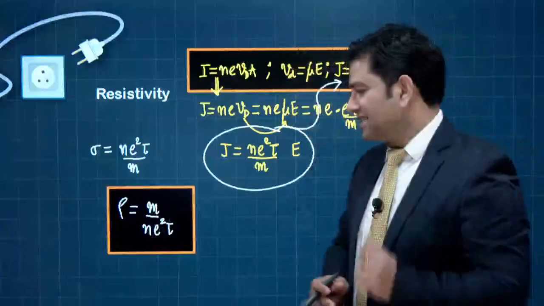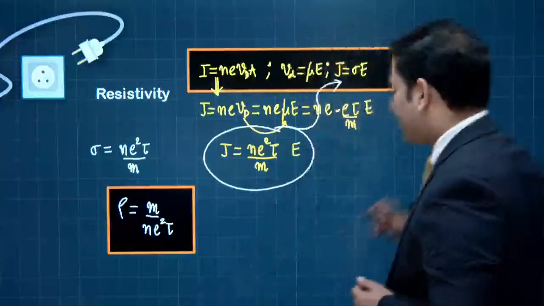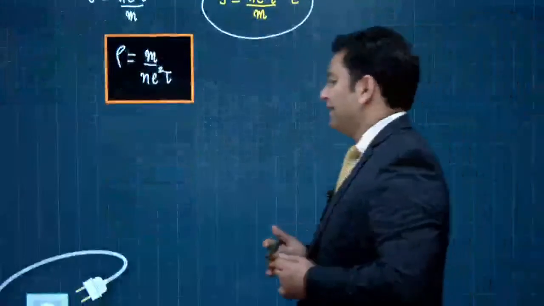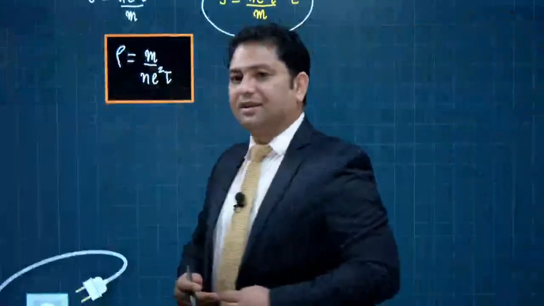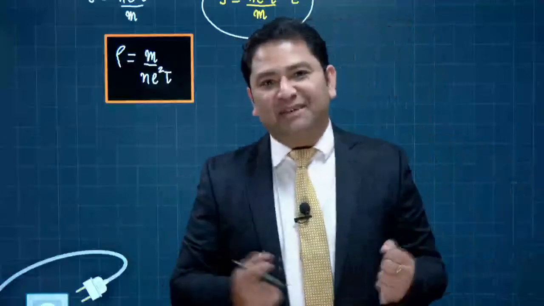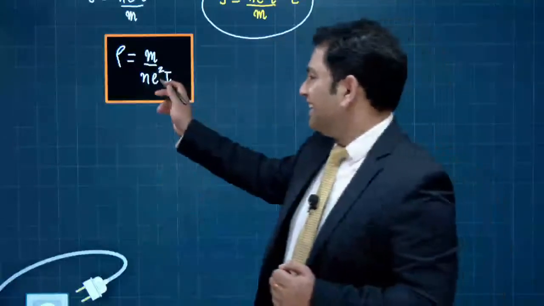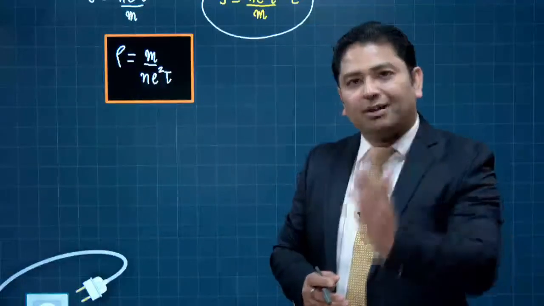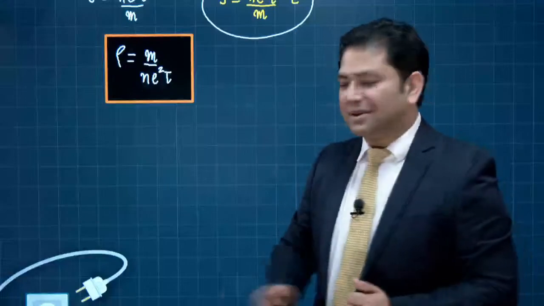All right, now let's see. Some more interesting thing coming out. So this is m, the mass of electron. Now, ये तो सभी के लिए same है. The number density for different material varies.